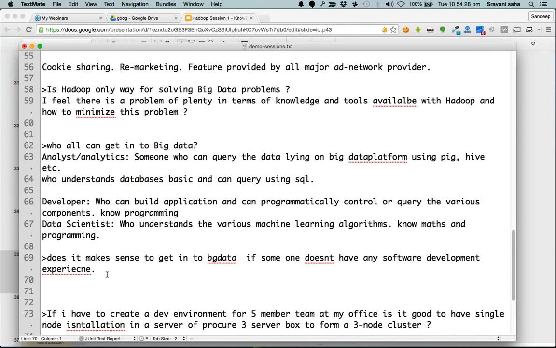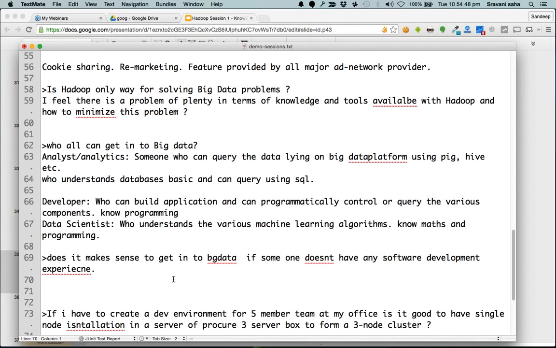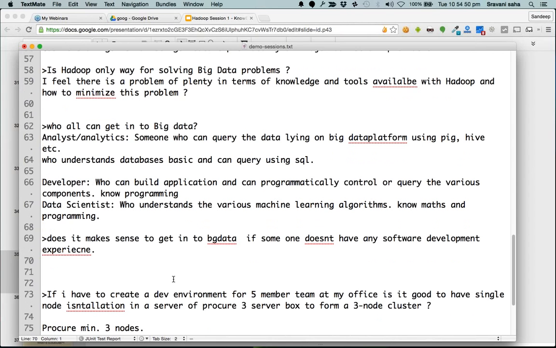If you have some database exposure, then you can go for analytics. For that you don't generally require too much programming experience, but it is very important to understand what big data means and how it impacts.